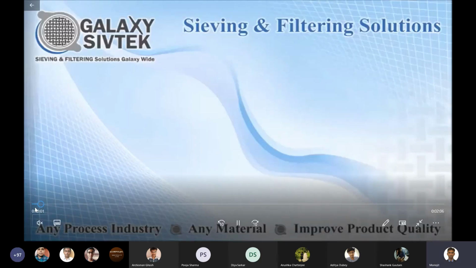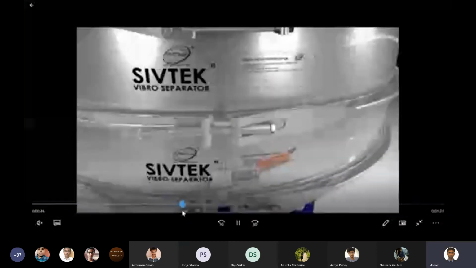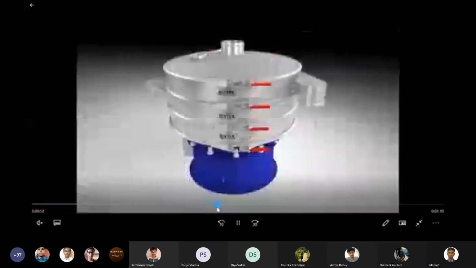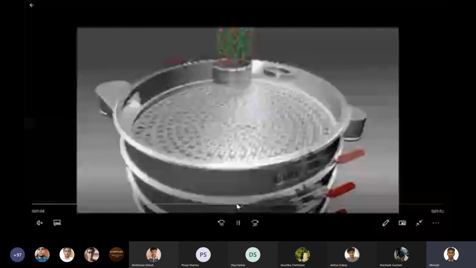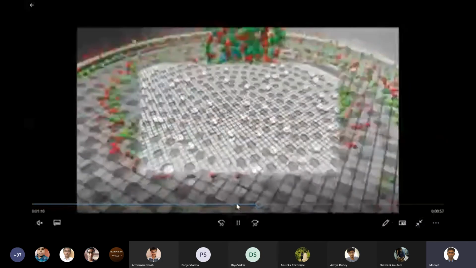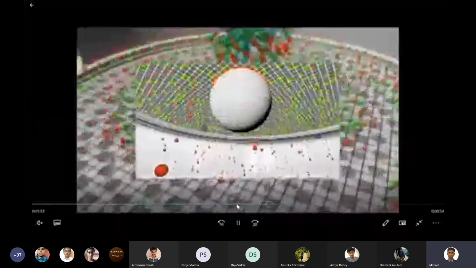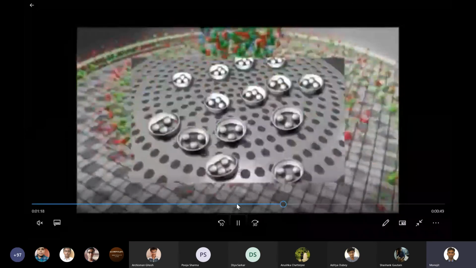Initially, the assembly part I'll move fast, and now you put the particles right on the top of the screen, and this screen moves in a gyratory motion, which results in the particles moving in a near circular motion, and in each stage you have screens.